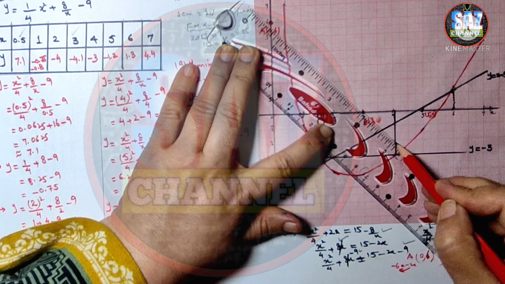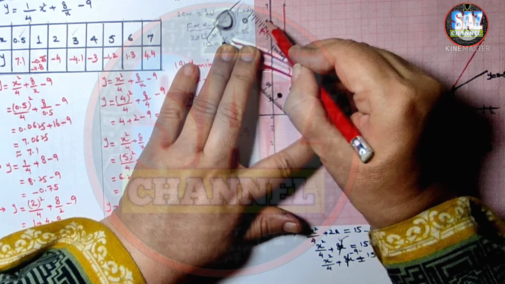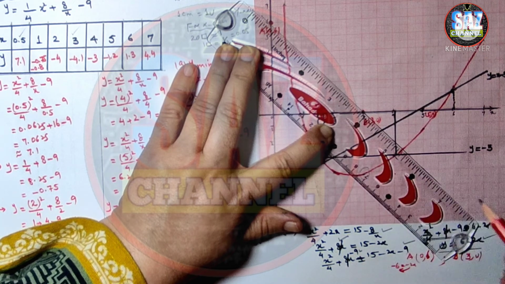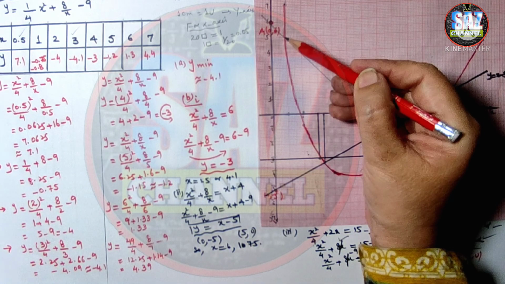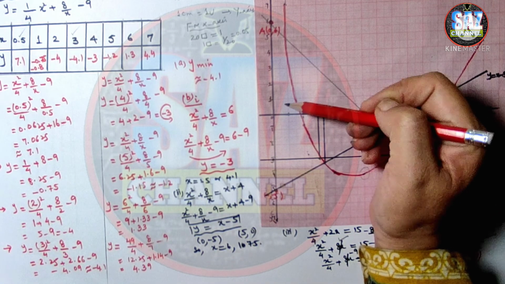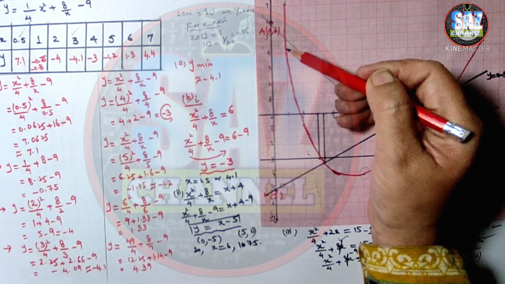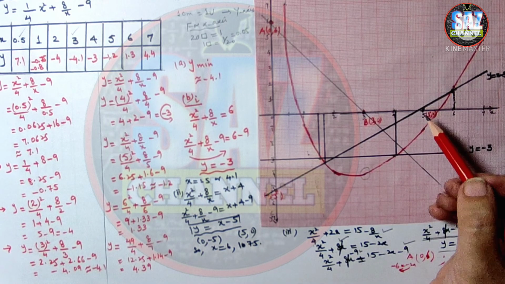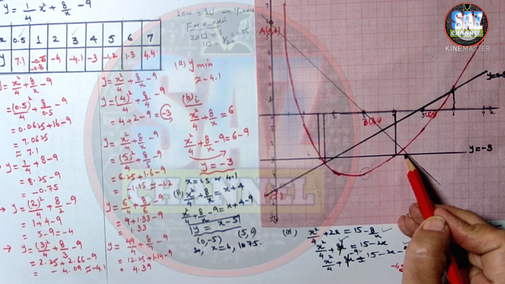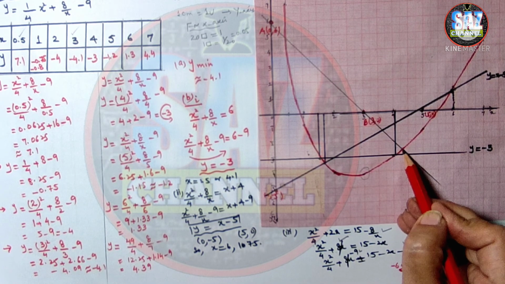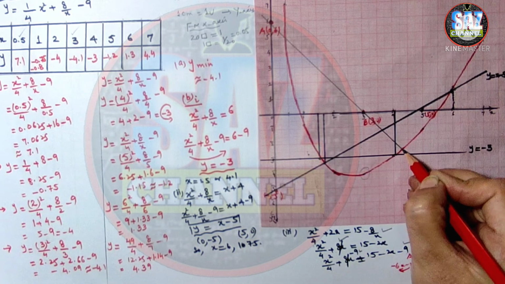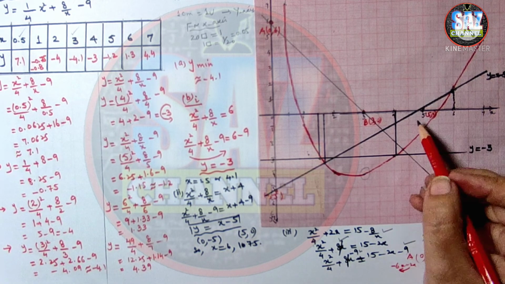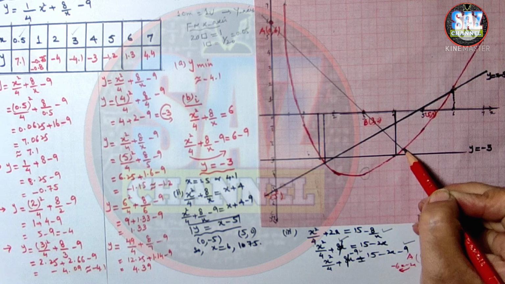I have to draw the line. Now see children, this line is cutting the already drawn graph at this place, which is almost the position of 0.5, and on the other side this line is cutting the graph at this place. This is how many blocks after 4?